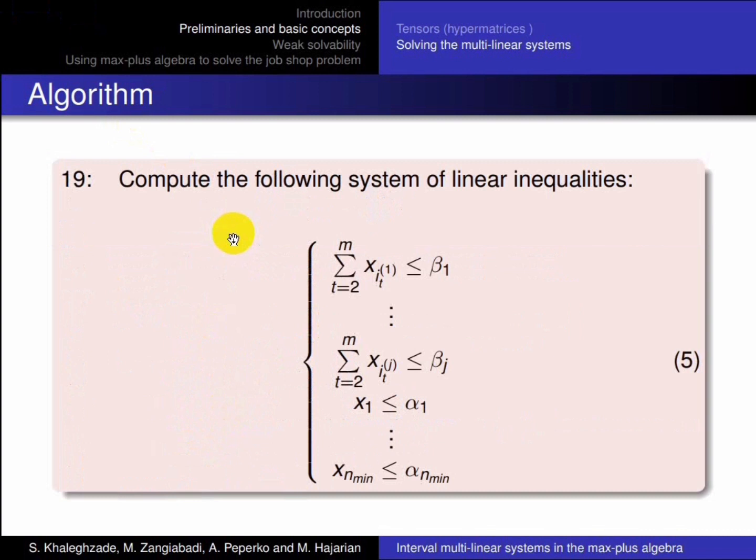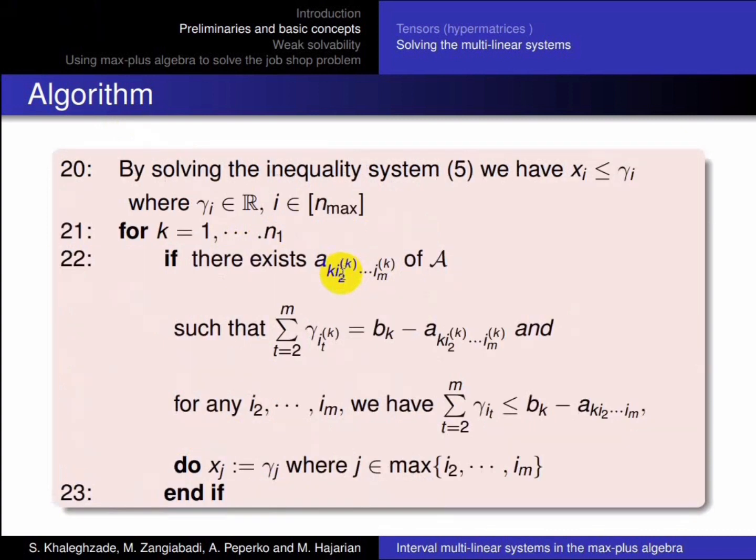So we have the inequality system, and after solving the above inequality, we have these inequalities. And if the two conditions in line 22 hold, then xj is set to gamma j.